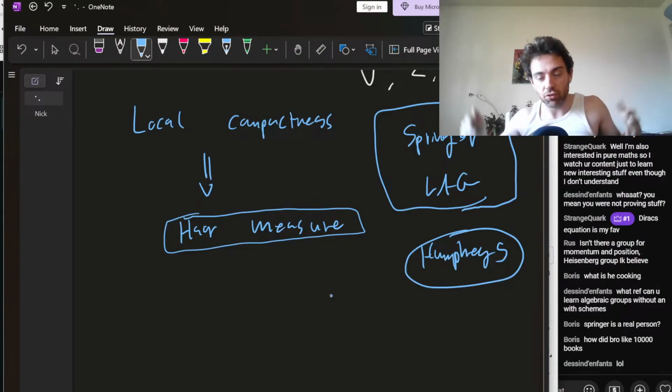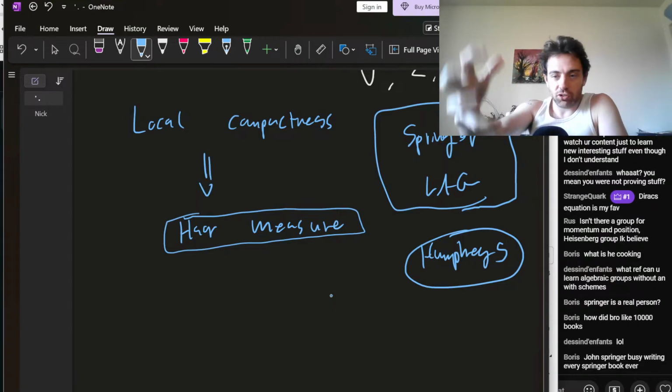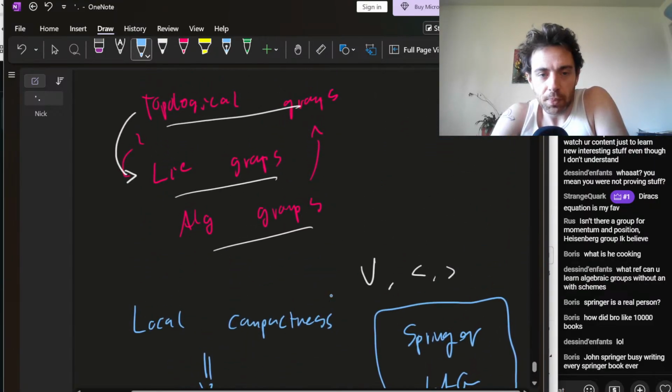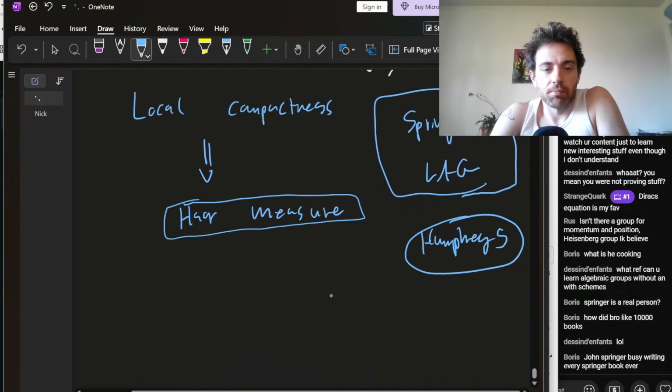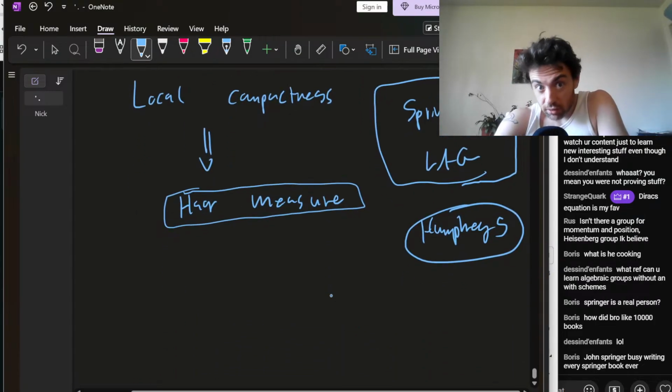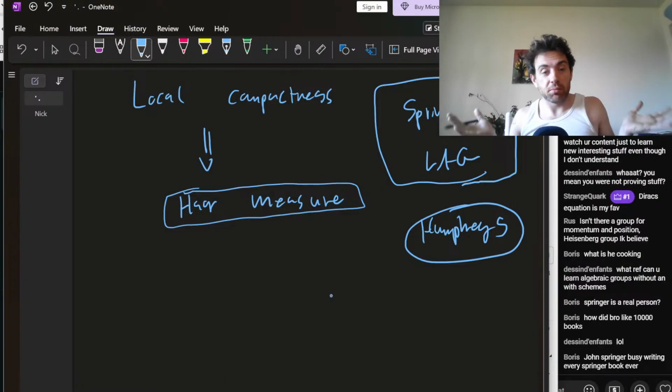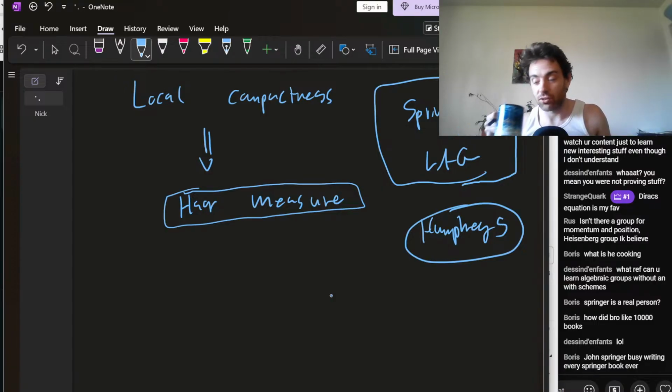An abstract group is very slippery. You can't hang on to it, right? You got this Haar measure, grab onto the Haar measure and cling on to it with all your life. That's the basic idea: if you've got a Haar measure, now you can do integration, and probably that means something. Probably there's something interesting to say there. It's just more structure to actually study and say something about.